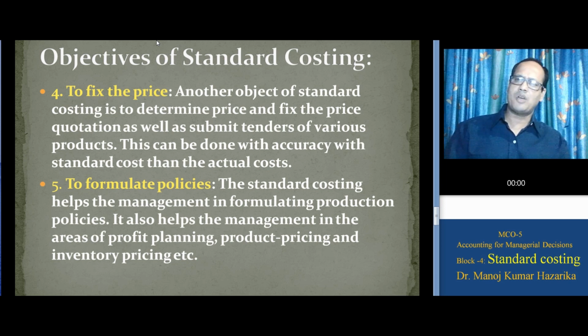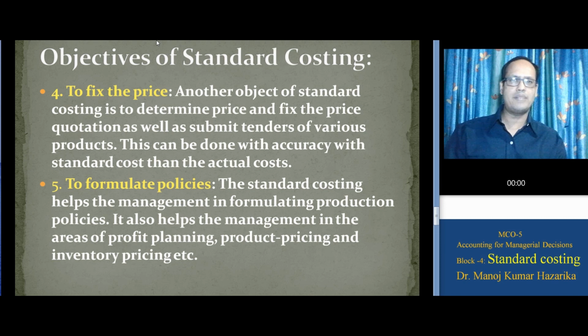Another objective of standard costing is to fix the price. Standard costing is used to determine and fix the price quotation as well as to submit tenders for various products. This can be done with the accuracy of standard cost rather than the actual cost.